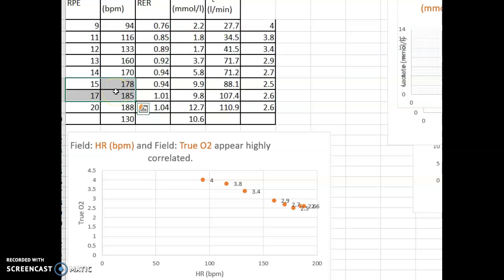So final guess, 178 to 180 for what that lactate threshold heart rate is.